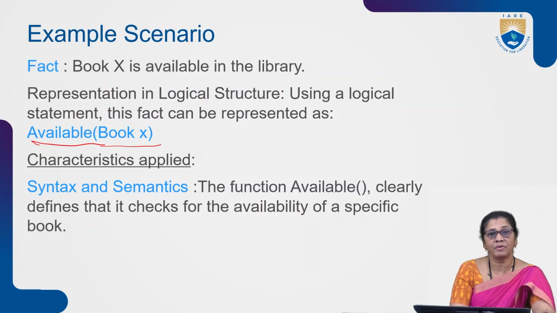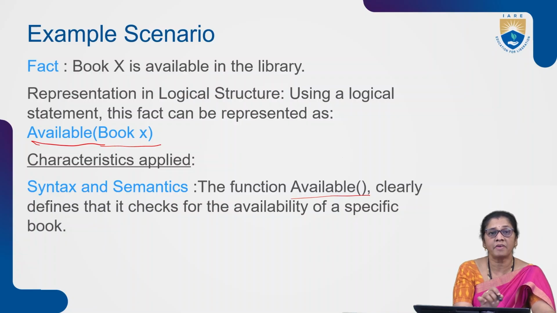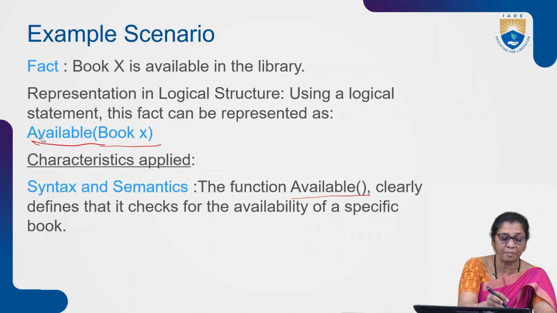What are the characteristics we have applied here? As I told you, syntax and semantics: the function available clearly defines that it checks for the availability of a specific book. Whenever we say the function available, it means this particular book X is available. This is how we represent the availability of the book in the library.